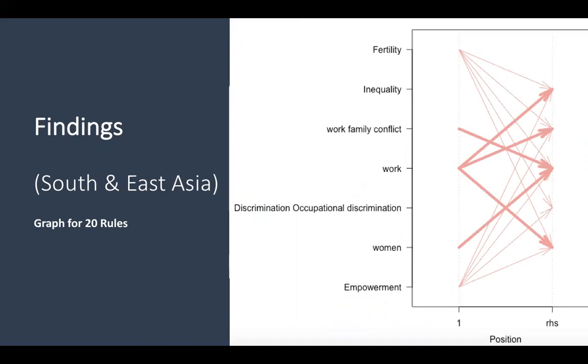For example, fertility is the antecedent of inequality, and inequality is the consequent of fertility. Work-family conflict is the antecedent of work that women search generally together. So in the South and East Asia region, these terms are generally searched together, and these keywords have some association, some relationship in our data set.